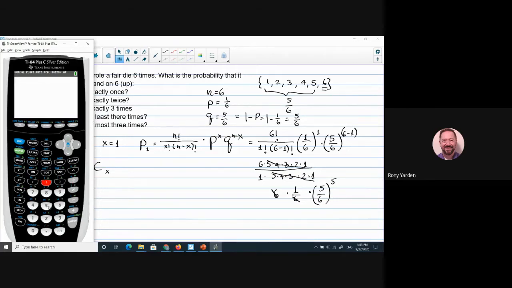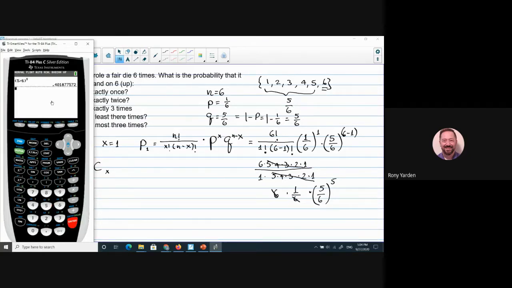Let's turn it on. Even a virtual calculator needs to be turned on. There we go. So 5 divided by 6, and parentheses here are very important, and I will show you why after I calculate this, to the power of 5.